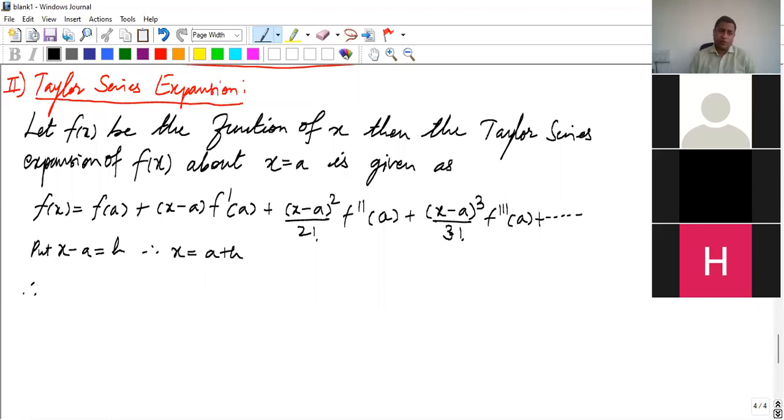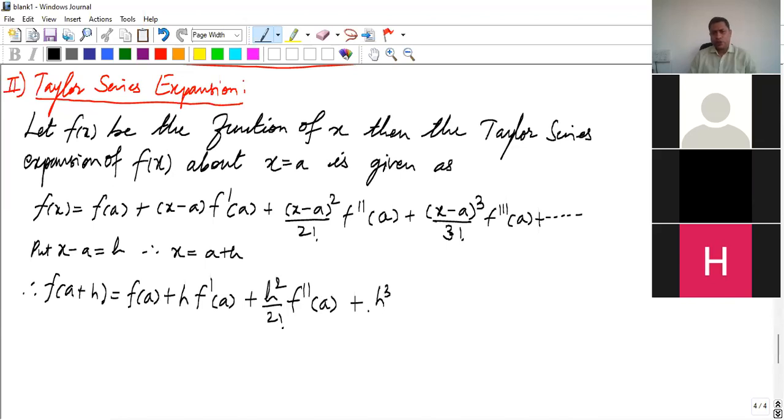And hence, the above formula can be written as f of a plus h is equal to f of a plus h times f dash of a plus h square by 2 factorial f double dash at a plus h cube by 3 factorial f triple dash at a, and so on.